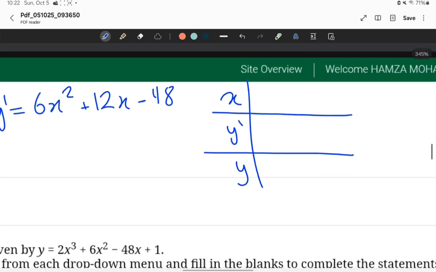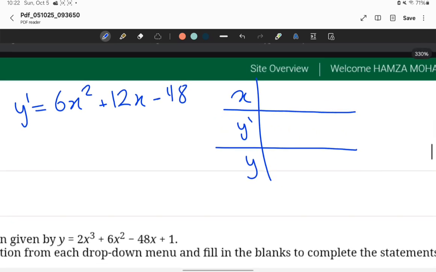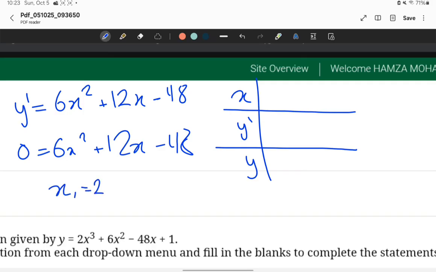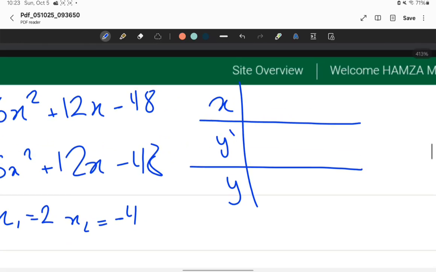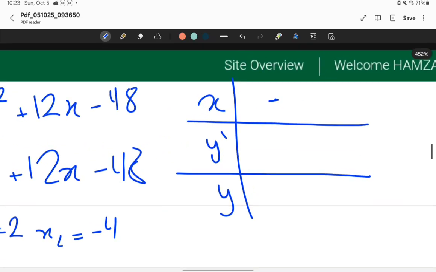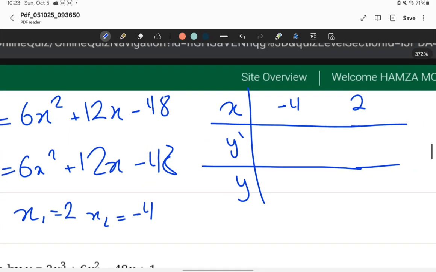There you go. Okay, now to get the x values, you equate this to 0. Do this on your calculator, you get the two roots. The two roots for this would be x1 is 2 and x2 is minus 4. Now again here, you need to do these in the correct order. Make sure it's going up in order. If you're going down, you're going to get the question wrong.